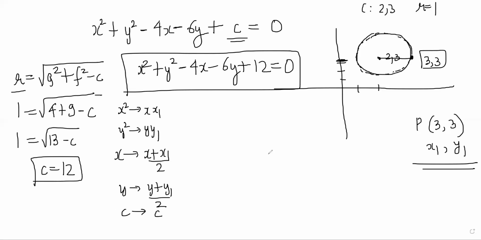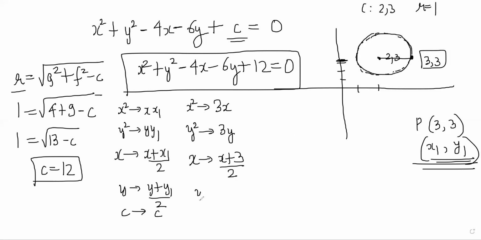And x1, y1, the point here, was 3, 3. So x square should be replaced with 3x, y square should be replaced with 3y. X should be replaced with x plus 3 by 2. Y should be replaced with y plus 3 by 2, and c stays as it is.